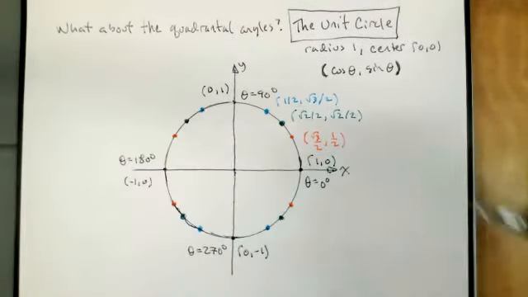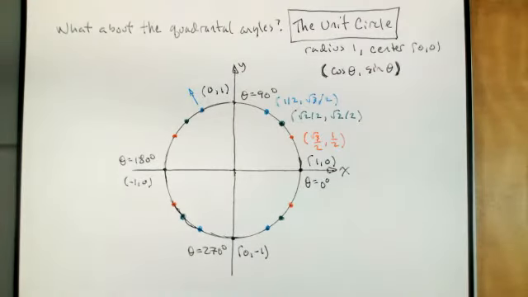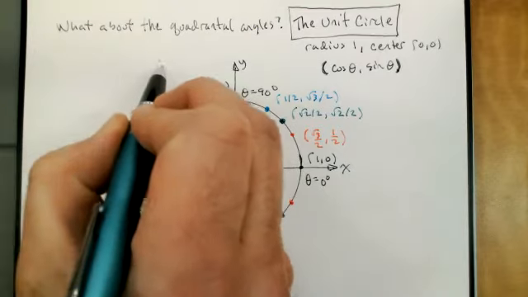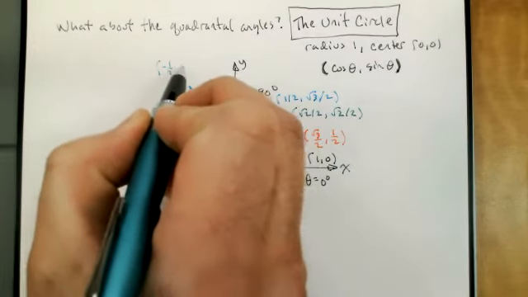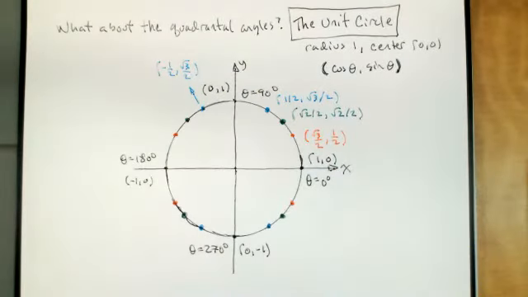So the coordinates here are going to be negative 1/2 and positive √3/2. In the second quadrant, x is negative and y is positive. In the second quadrant, cosine is negative and sine is positive. I use the same values, 1/2 and √3/2. I make the x's negative.